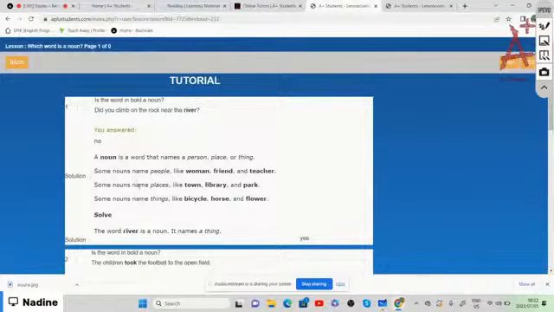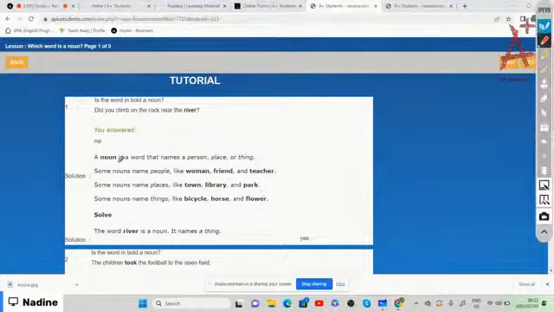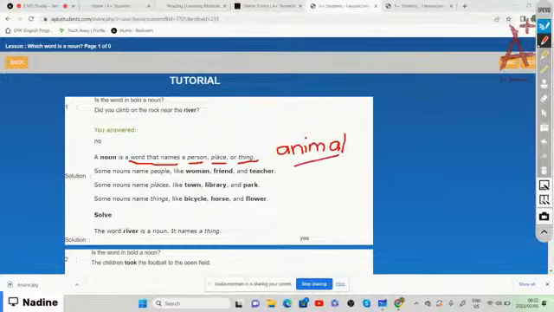If we look at the tutorial page in front of us, it says that a noun is a word that names a person, a place, or a thing, and also an animal. So I'll put animal over here. Those are all nouns.